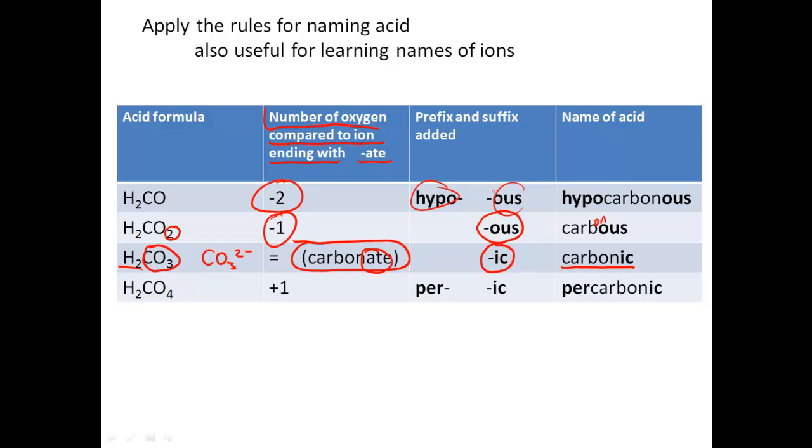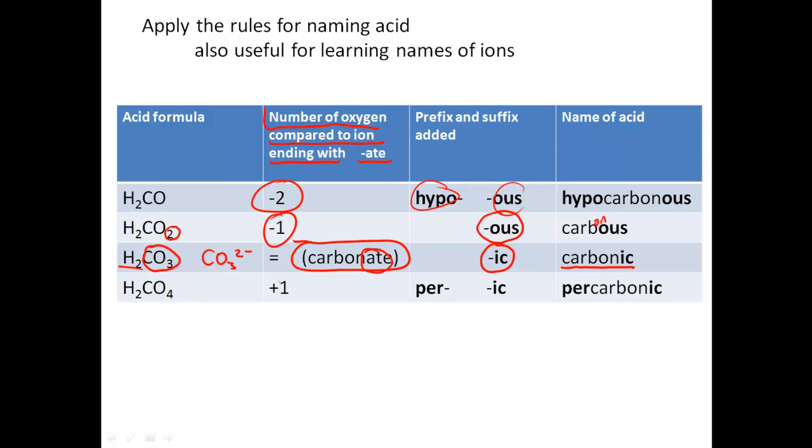Now you know that hypo means lower than normal, less than normal, underneath, as in hypodermic needle, underneath the skin. So hypo means less oxygen, and we would call this hypocarbonous acid.